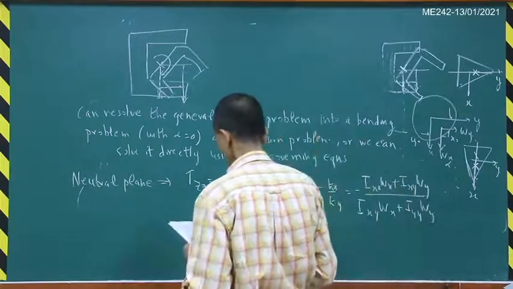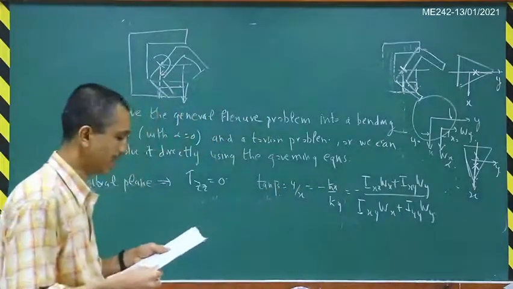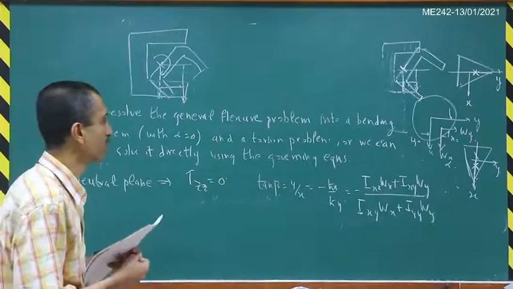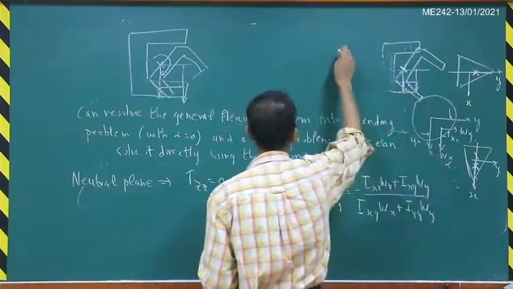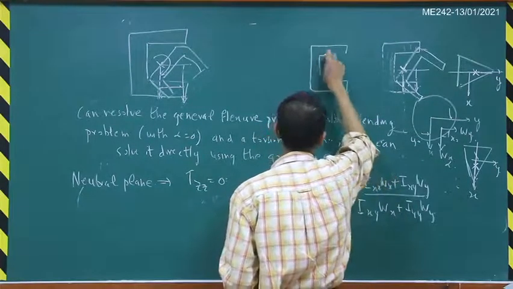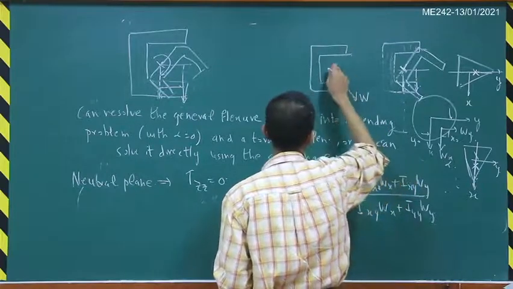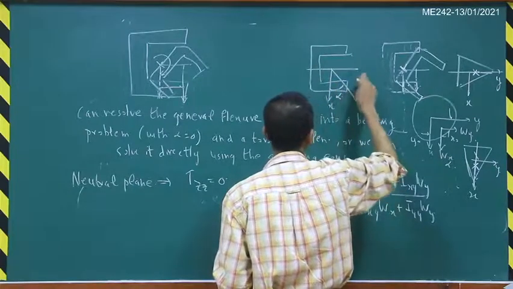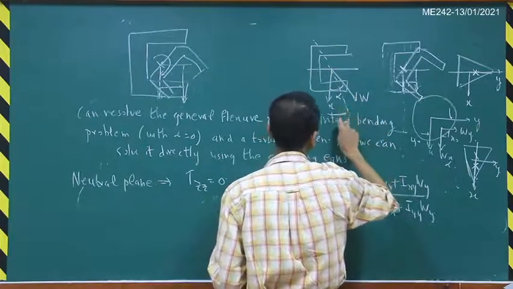As usual, this beta can be different than the angle subtended by the resultant load. So here, for example, suppose you take this particular cross section, the resultant load could be at some angle. So W could be at some angle. This is your x-axis. So this could be at some angle alpha, and the neutral plane could be along some other angle beta.